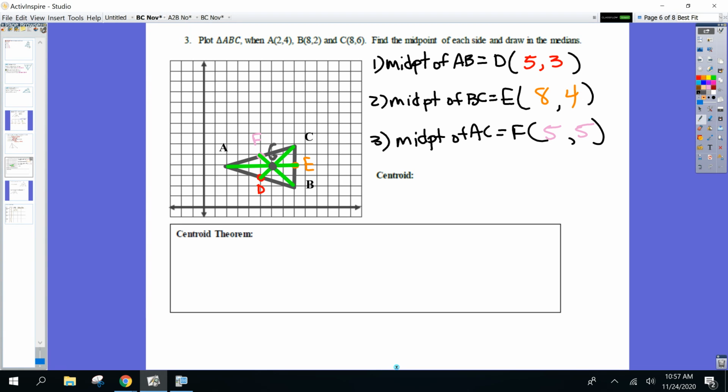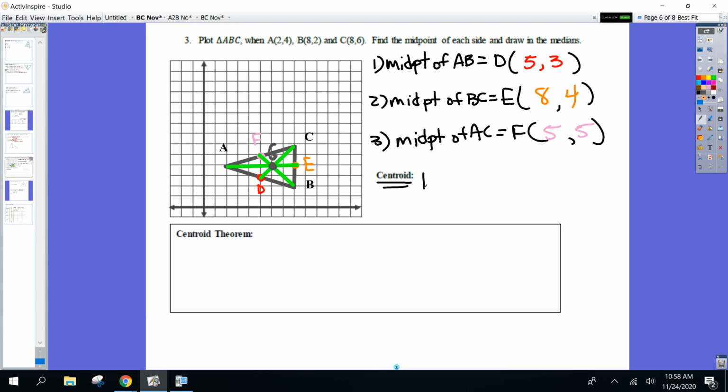All the other ones have a special name, right? Circumcenter, in-center, orthocenter. Where all 3 medians meet, we call it the centroid. That's probably the most fancy of all 4. It's probably the best name, right? Centroid.